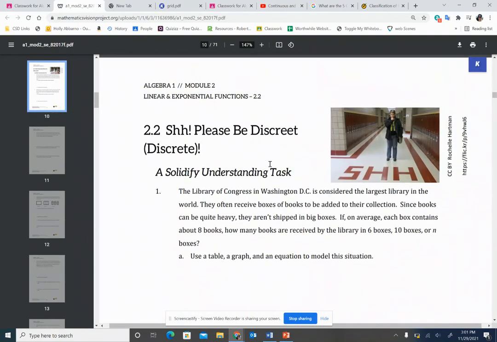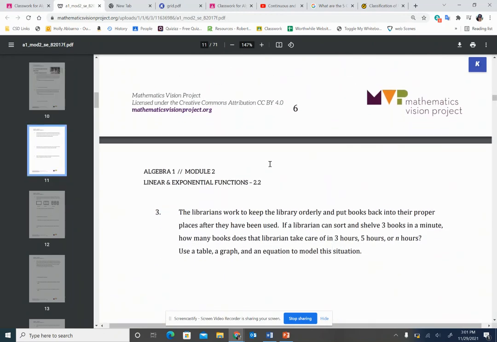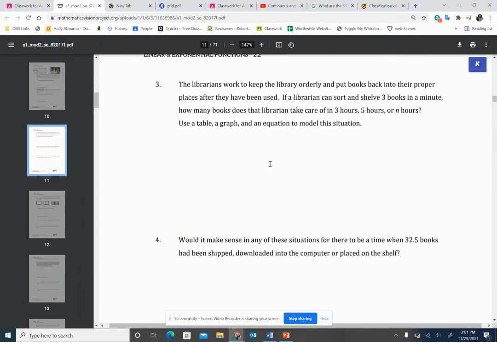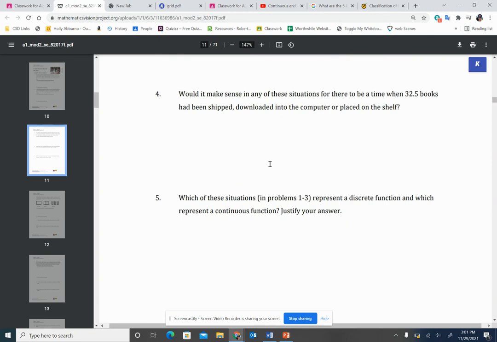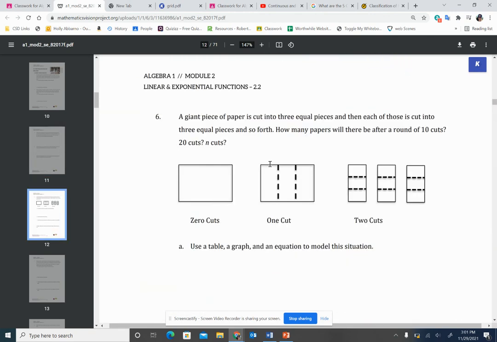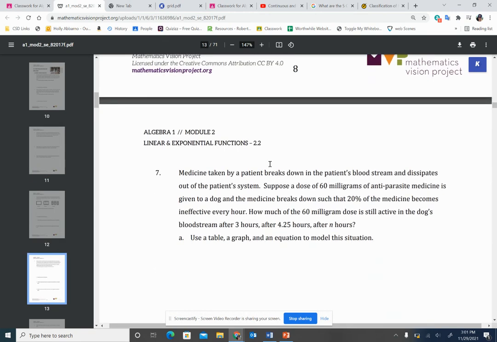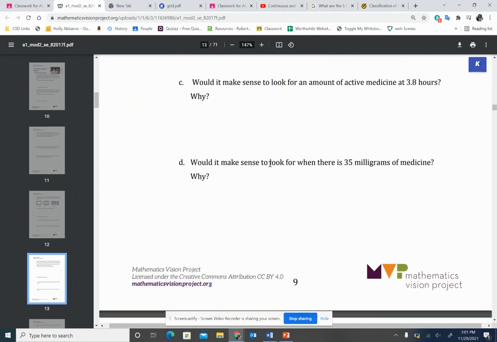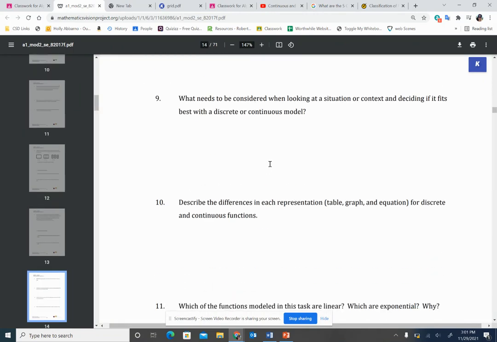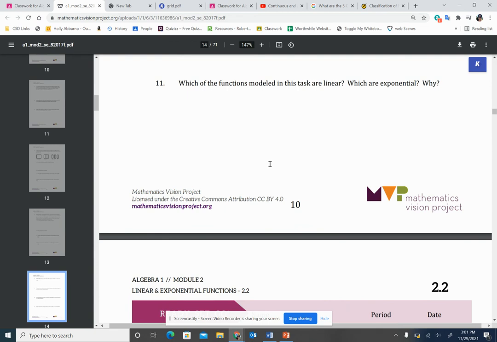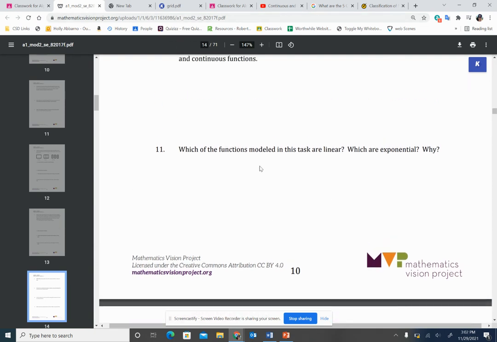And then we are going to talk about them tomorrow. So we did all of page 6, page 7, page 8, page 9, and page 10.